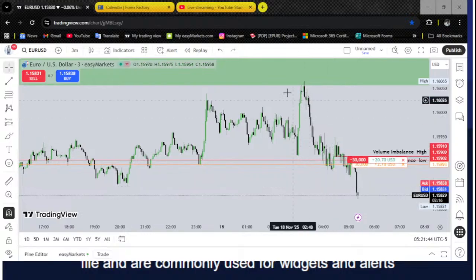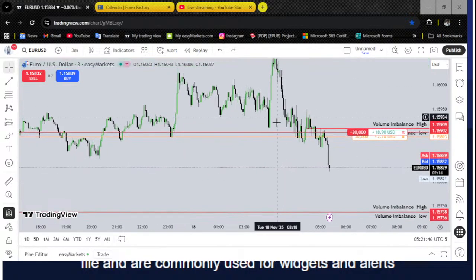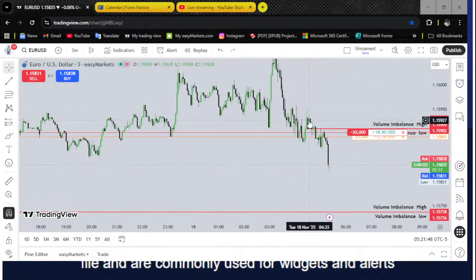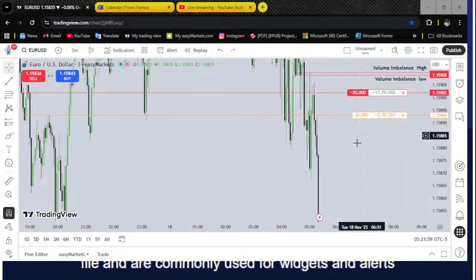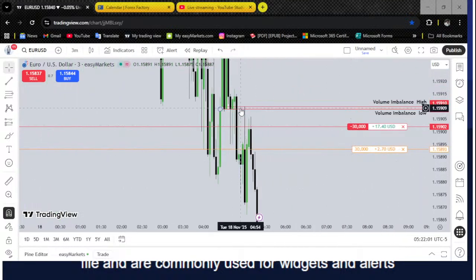Remember, this was just a good setup. First entry position was this one, that remaining. Second, after retracement here, good retracement to that volume imbalance. You can see this was a good retracement to that volume imbalance on 3 minutes.